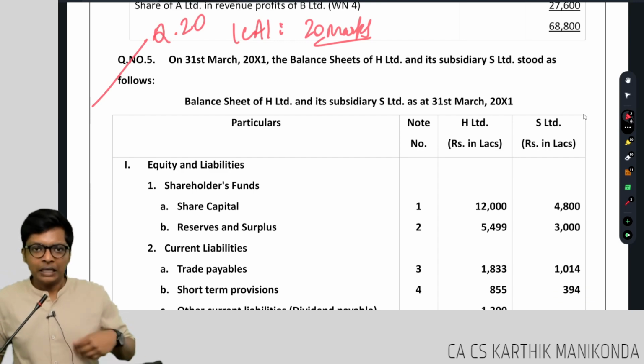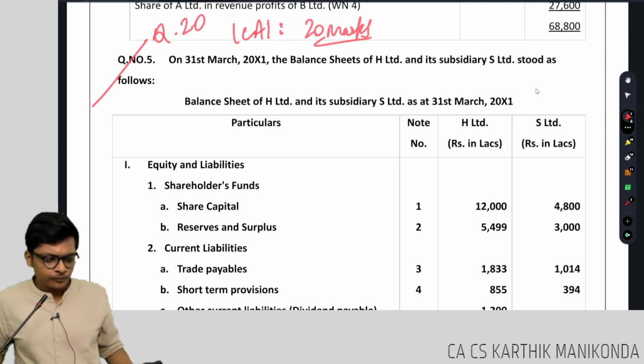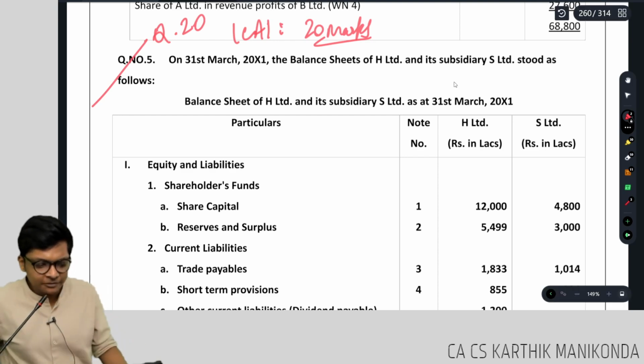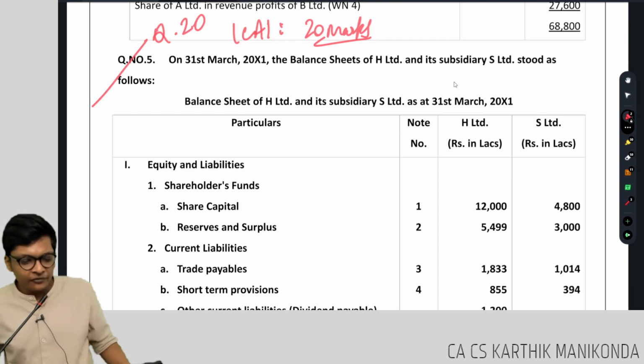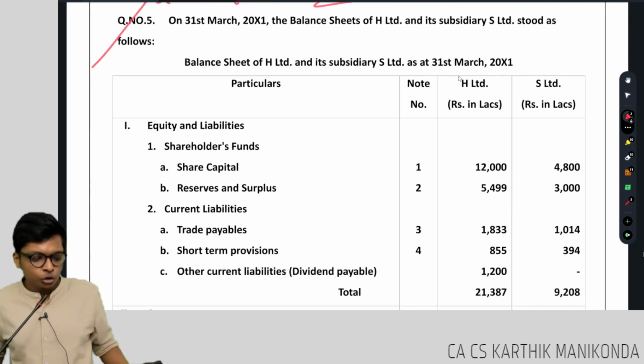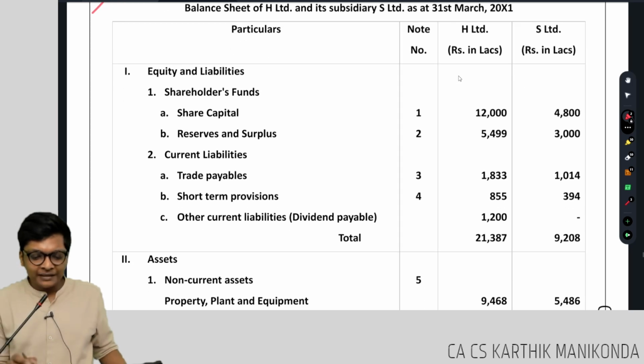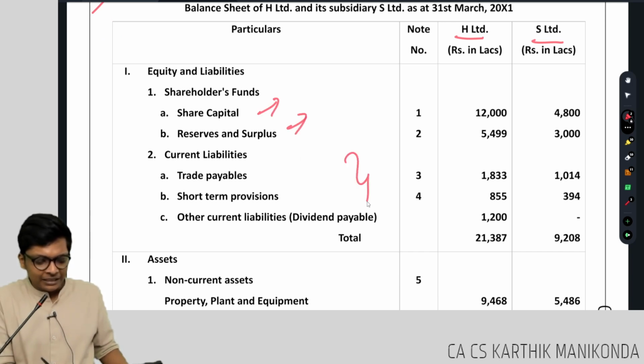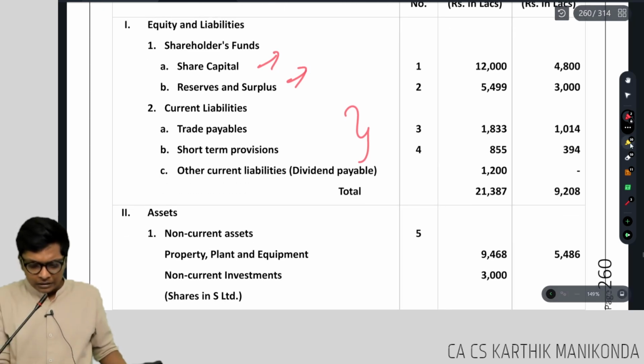Okay, fine. Let's start. On 31st March, the balance sheet of HNS stood as follows. They are given the balance sheet of HNS: share capital, reserves and surplus, current liabilities, looks familiar. Anything new?